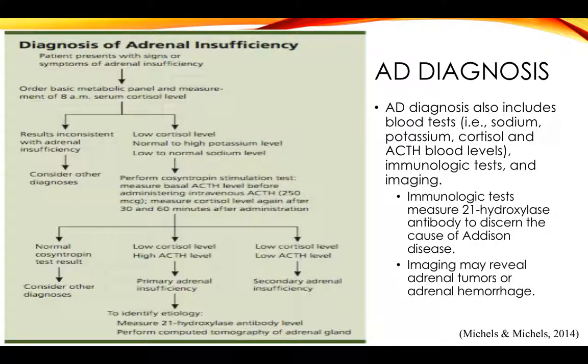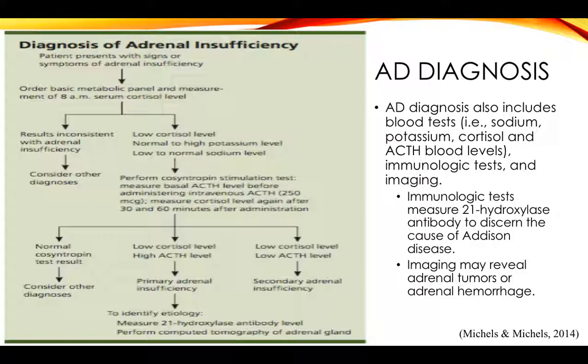Diagnosis, we have a number of diagnostic tests. We can use blood tests, for example, sodium and potassium, because the decrease in aldosterone causes a decrease in sodium. Cortisol is going to be decreased, and ACTH blood levels will increase due to the body's response to the low production of cortisol.